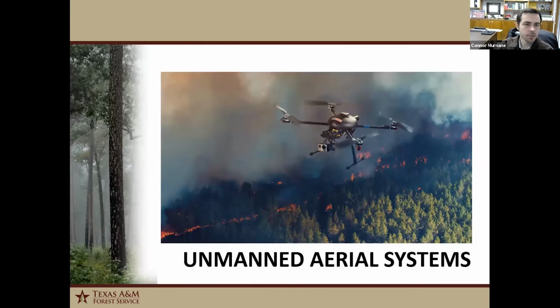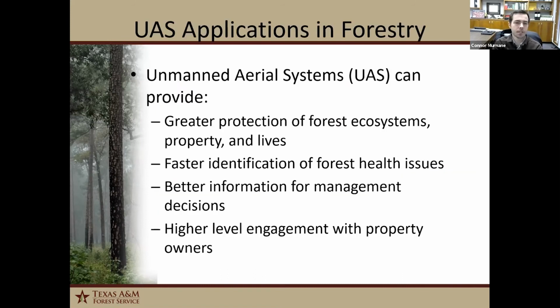Looking at new and exciting things happening in forestry is the application and use of UAS systems, unmanned aerial systems, or drone technology. Drones in forestry can be very useful and very beneficial, especially in wildfire operations.